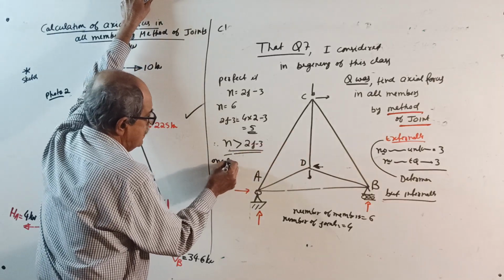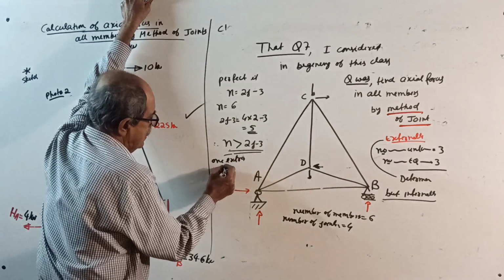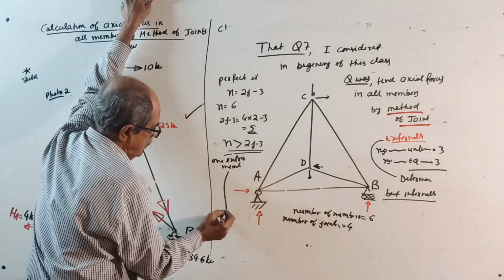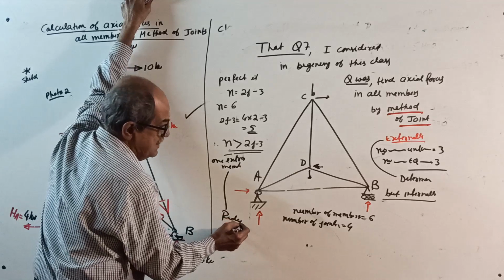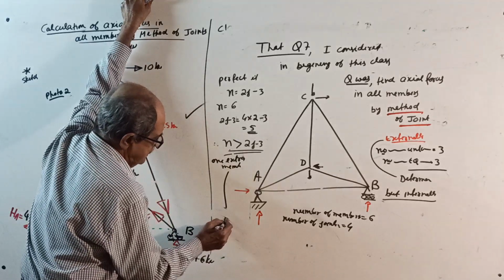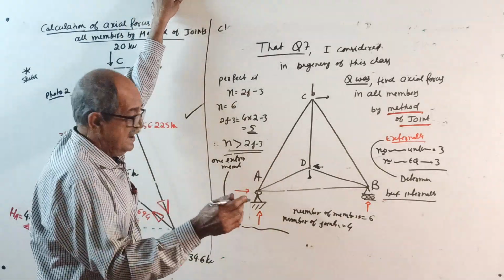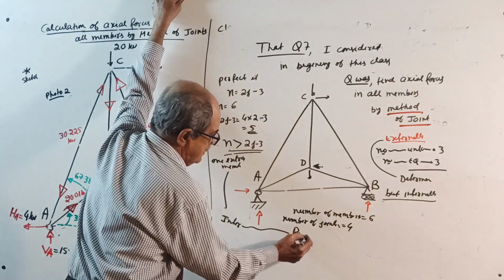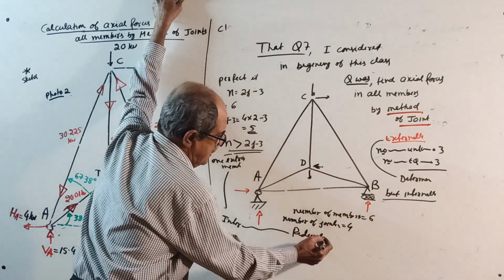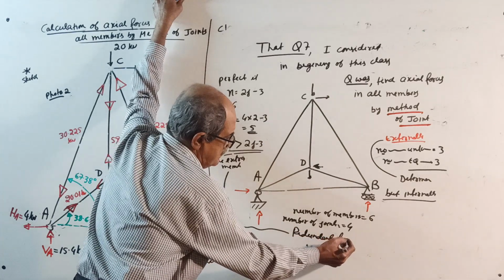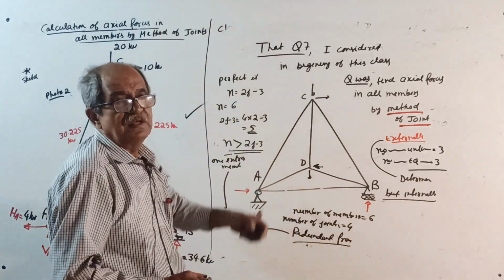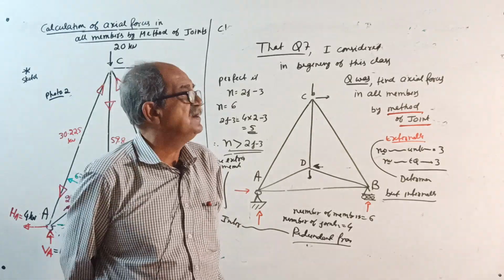One extra member. Therefore, it is called internally statically indeterminate, or it is also called as redundant frame, redundant pin jointed frame. This we cannot solve by method of joint.